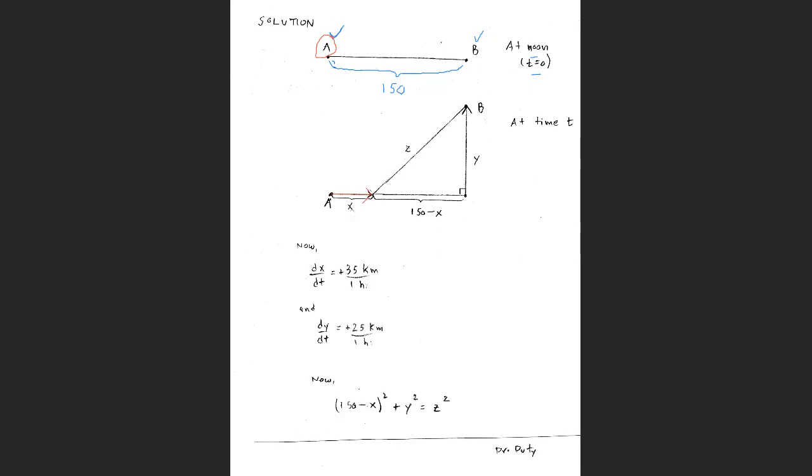Also, ship B is sailing north at 25 kilometers per hour. So here's ship B, going north at 25 kilometers per hour. So at time t, this is what the picture is going to look like.